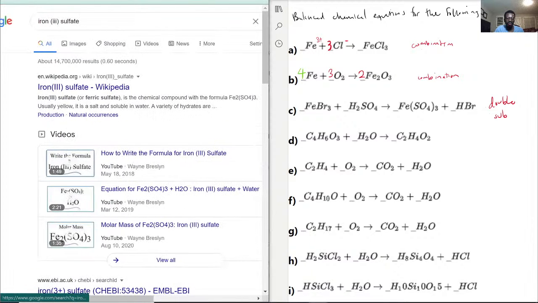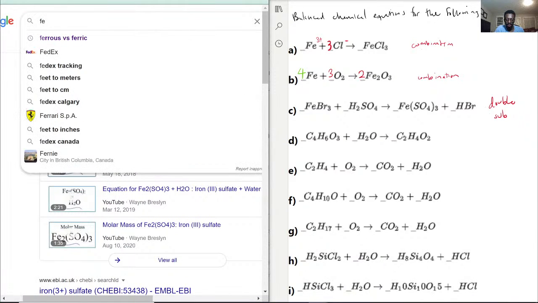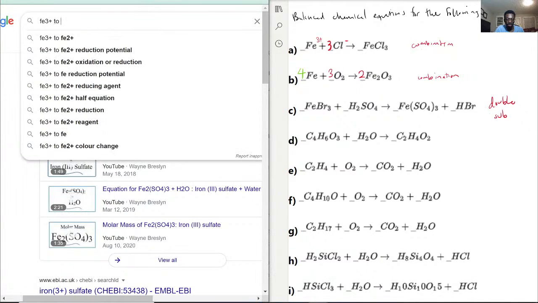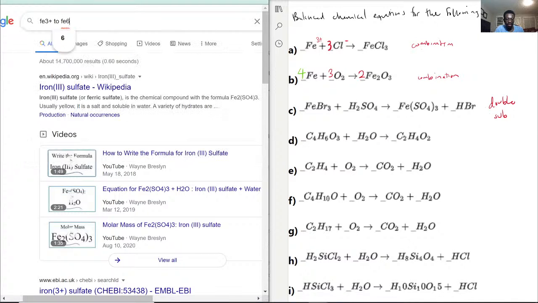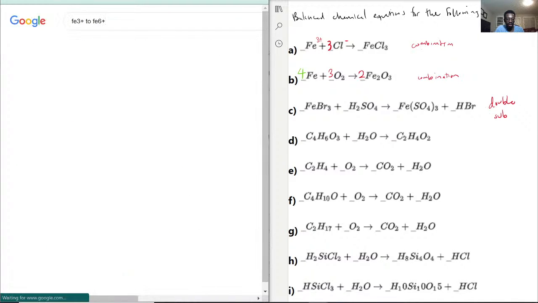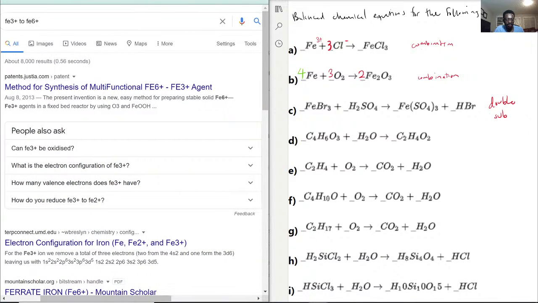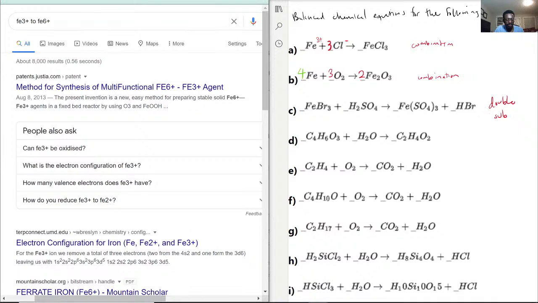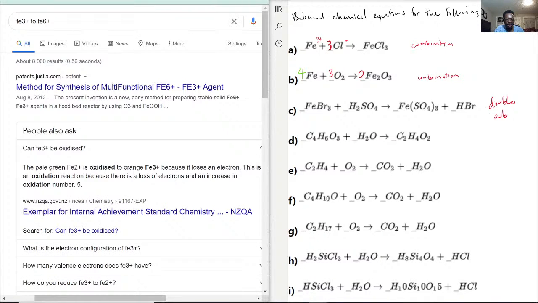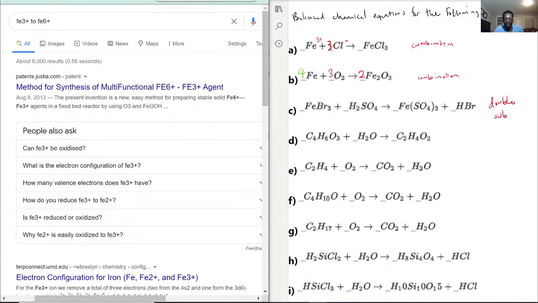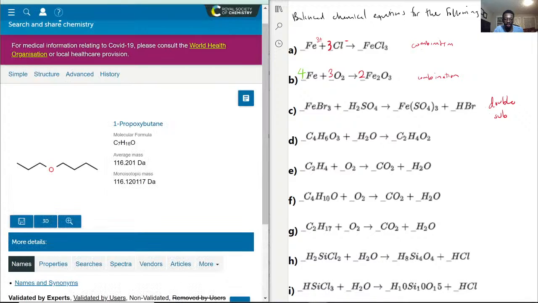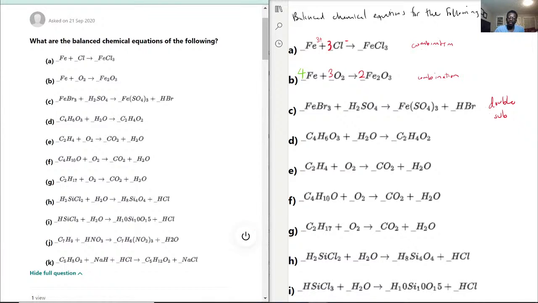Actually, let me just see if there is a... so Fe3 plus 2, Fe6. Yeah, no, it can't go to 6 plus. So I knew something was off. Back to this question though.